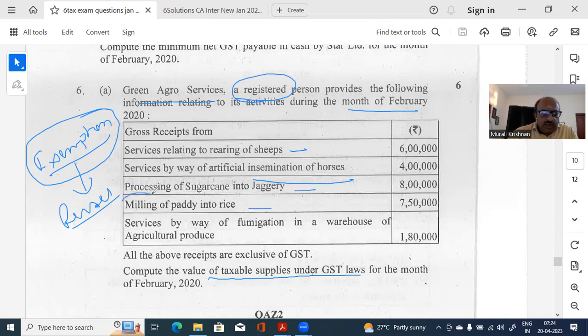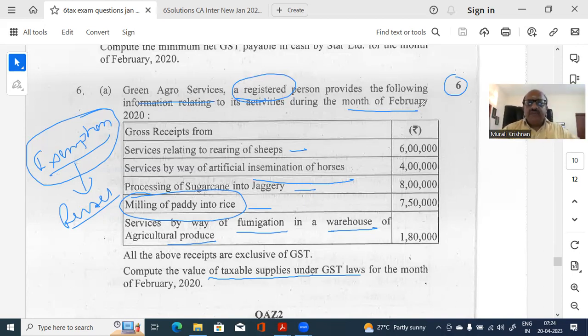Milling of paddy. This is what I was telling. I will send you a video to understand what is milling of paddy into rice. That also you need to know. Fumigation, service by way of fumigation in a warehouse of agricultural produce. Is it there or not? It is 6 marks. If you do this exemption list, remember it again and again, revise again, and now you have a lot of time.